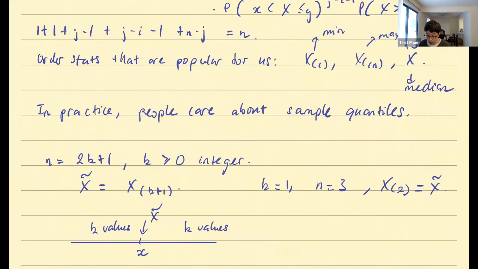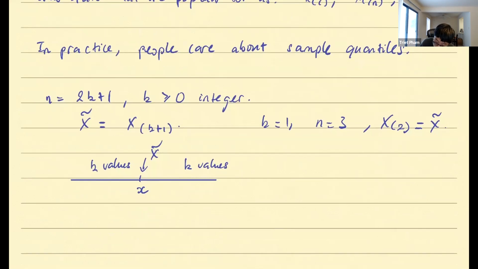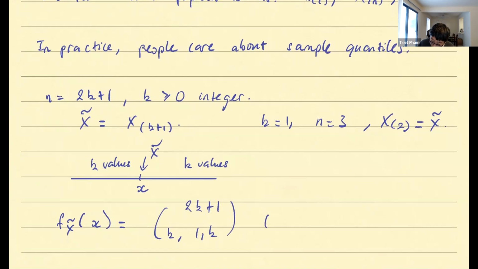So the density of the sample median would be n, which is 2k plus 1, choose k, 1, k, and then k values below it, k values above it.